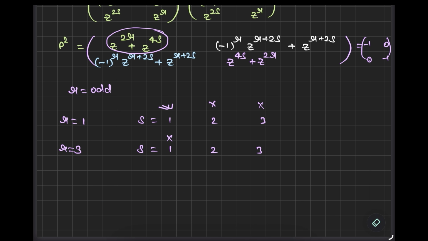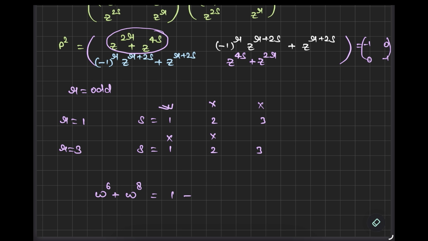Now we will check 2. So omega power 6 plus omega power 8. So omega power 6 is what? 1. And omega power 8 is what? Omega cube, omega square. So it will become minus of omega, not minus 1. So again wrong.